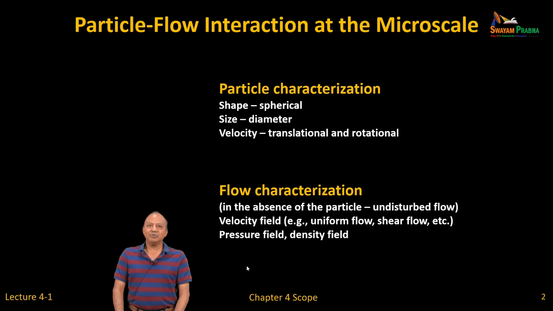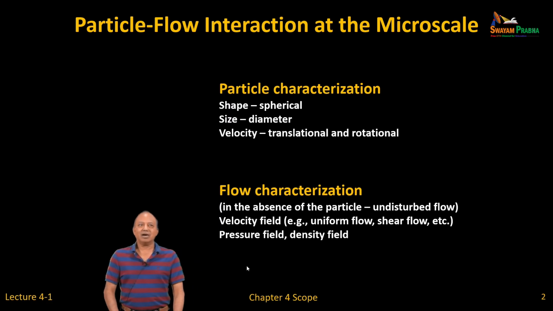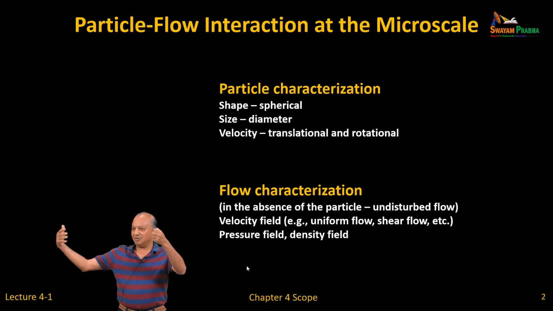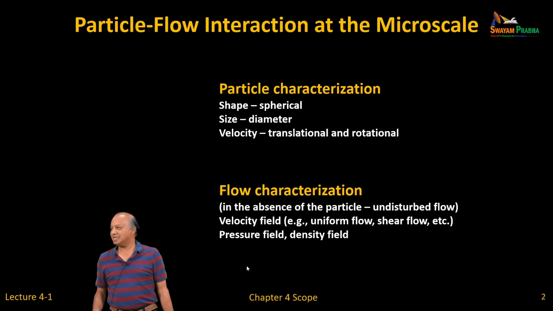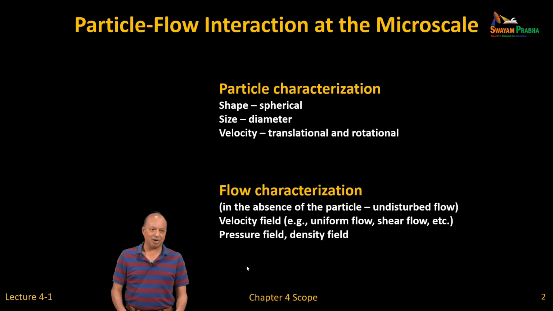Now when you deal with Stokes drag or other classical problems, you don't have to worry about these things, because you are told, okay, a velocity coming towards the particle or the far field velocity, etc. But when you start doing your Euler-Lagrange simulation, in a big complex turbulent flow, lots of particles.